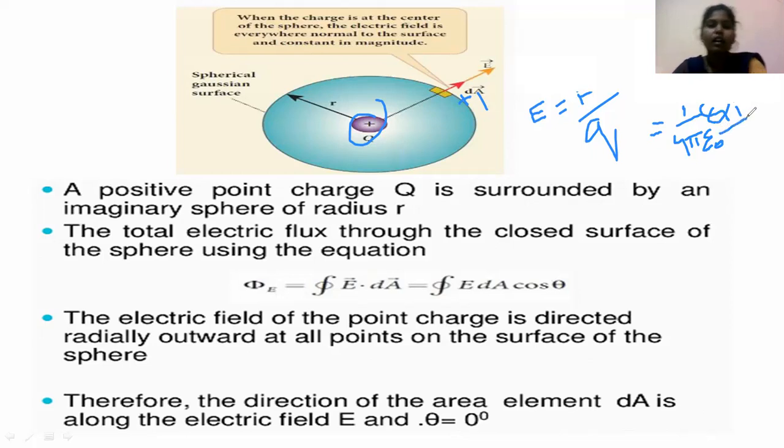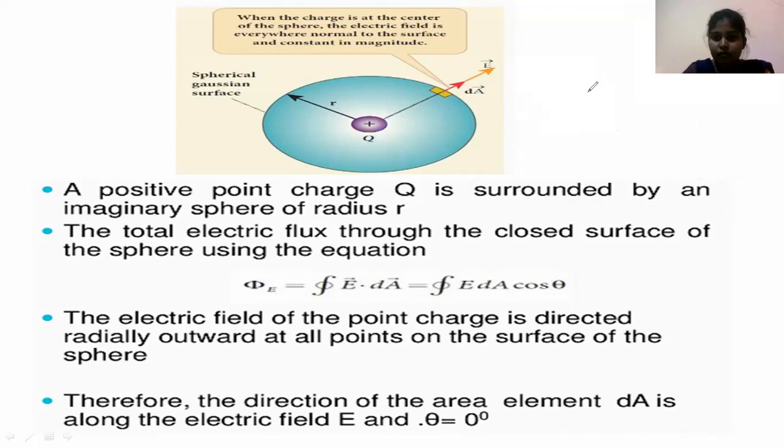The distance between this charge and the test charge is nothing but R, the radius of the sphere. It doesn't change, so this is R square. So we got F, and dividing by the test charge, which is +1, finally E is equal to Q by 4 pi epsilon naught R square. That is the magnitude.